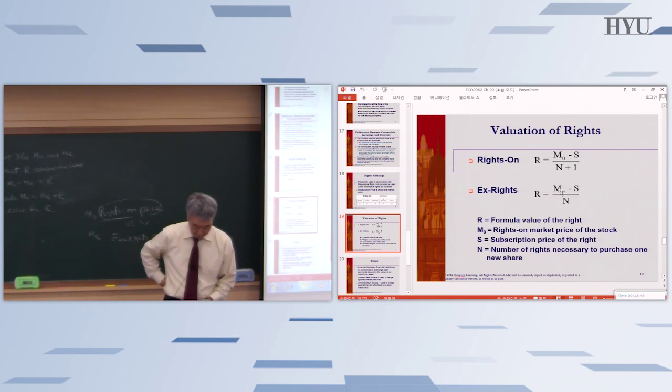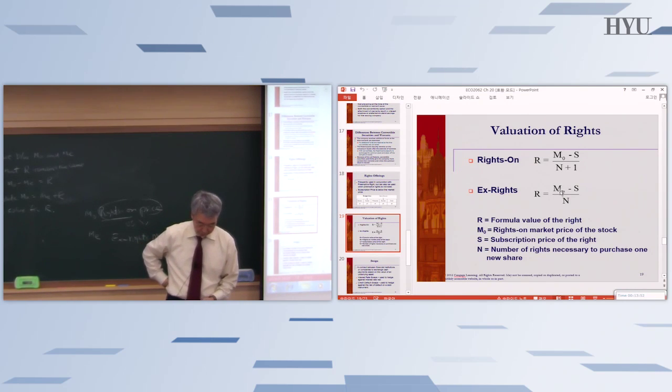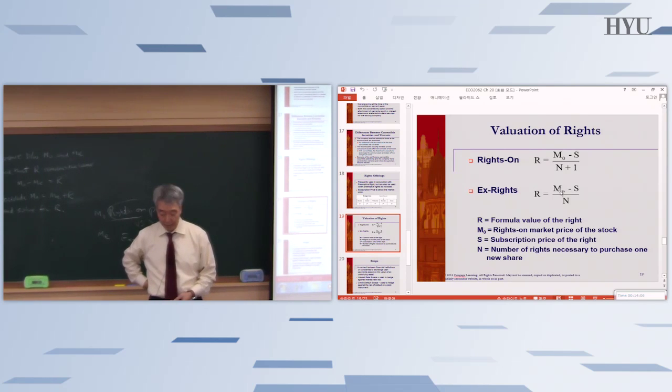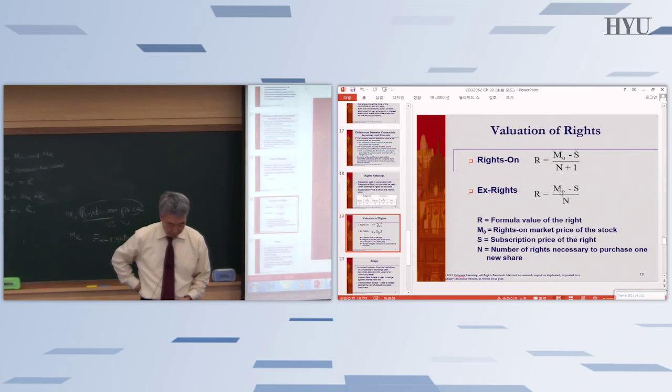All right. If you read the question, it provides a lot of additional information here, right? The company has 50 million shares outstanding, and they plan to sell an additional 5 million shares. It's a 10-to-1, 50 to 5, right? So each shareholder will receive one right for each share currently held, and thus each right will entitle the shareholder to purchase 0.1 shares.